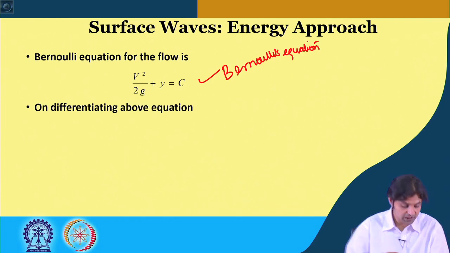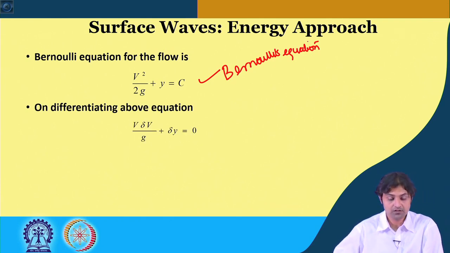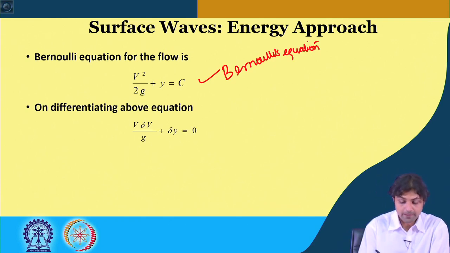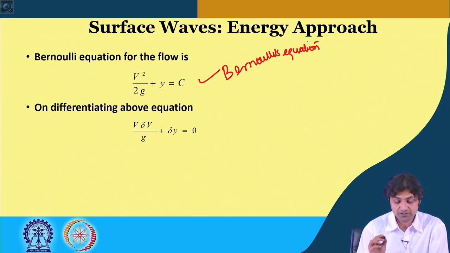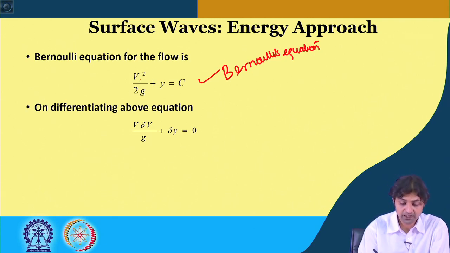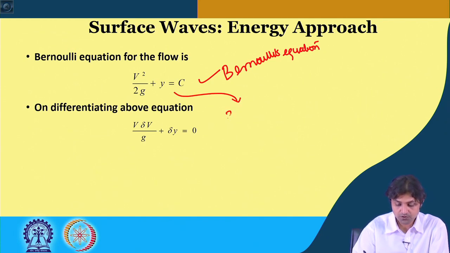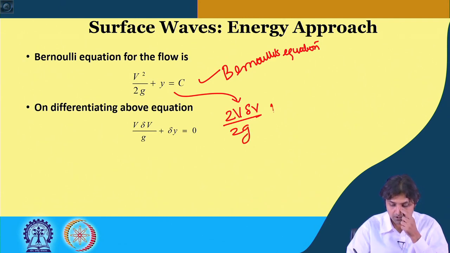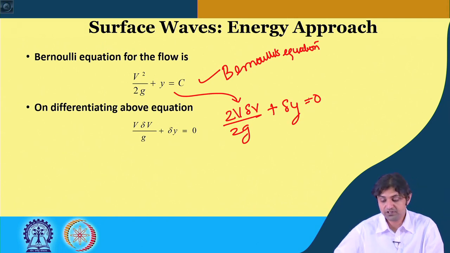So, if we differentiate the above equation with respect to y, what we get: V square will become 2 V delta V, and 2g will remain the same, and y will become delta y, is equal to 0 because a constant when differentiated gives zero.